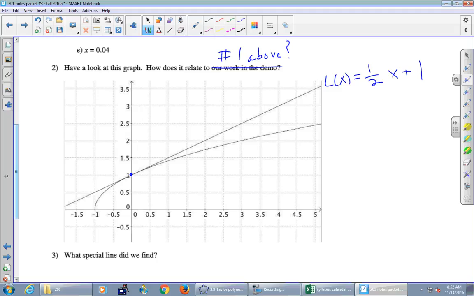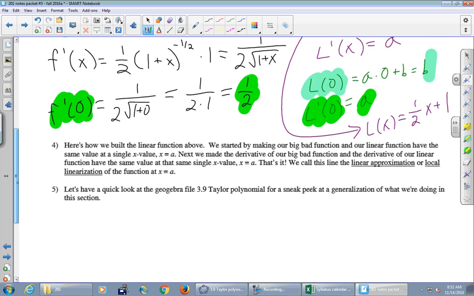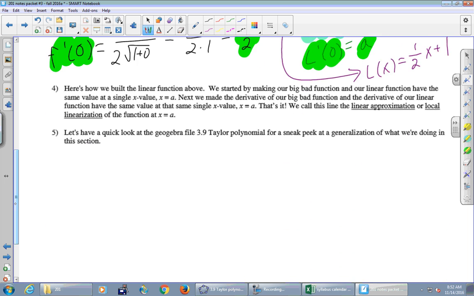Okay, so go back real quick. Number 4 here is our summary. Here's how we built the linear function above. We started by making our big bad function, that was the square root function, and our linear function have the same value at a single x value. It was x equals 0, but in general, x equals a.